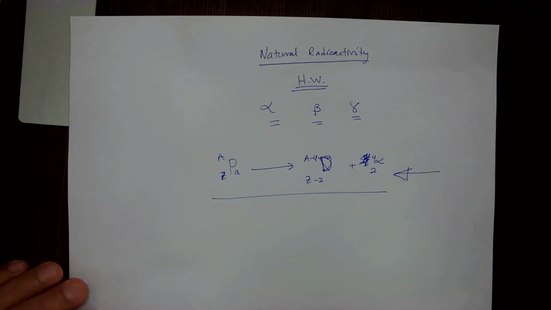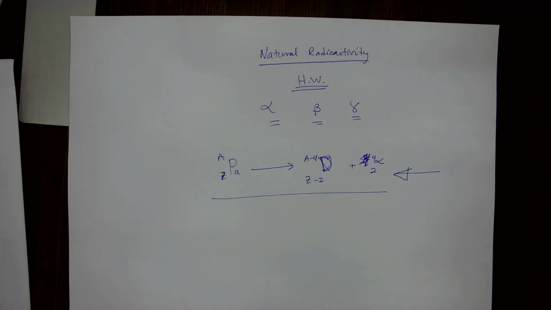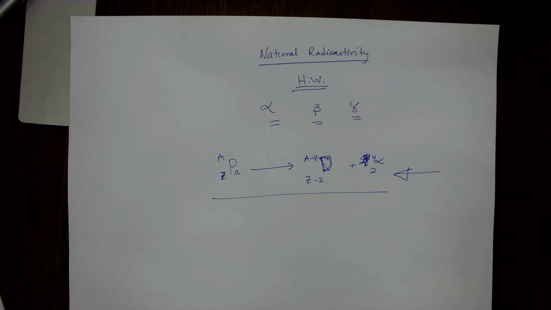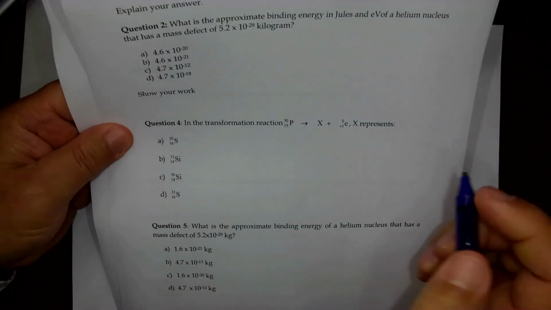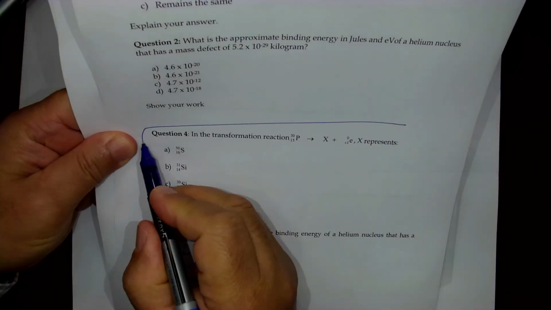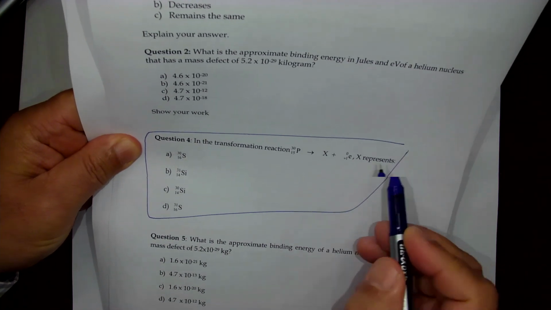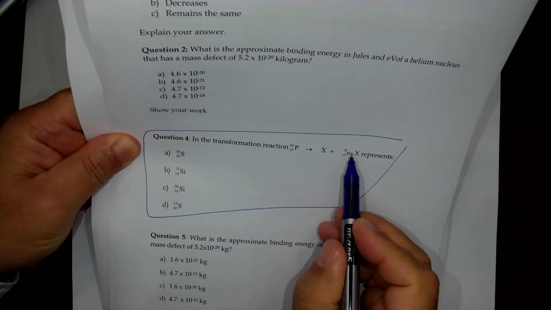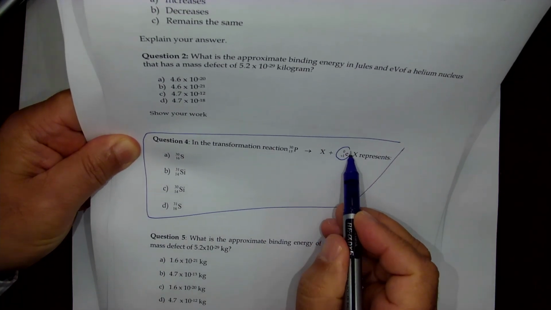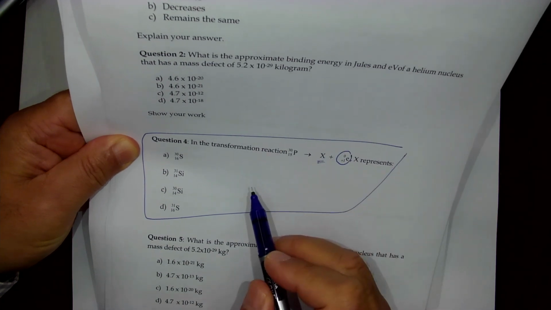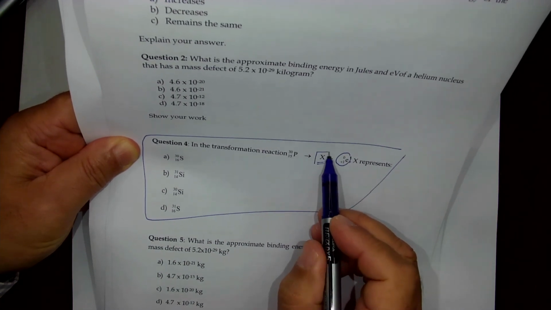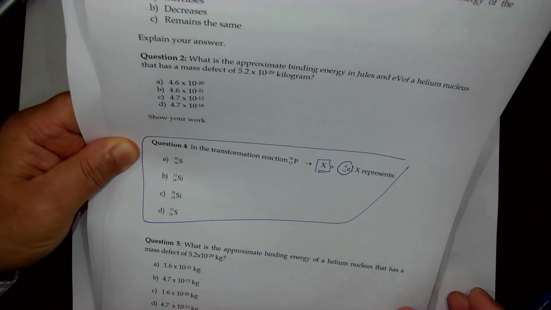Let me check that over here. So in the revision pack, let's see if we can find one or two. Okay, something like this. These are the questions you should expect. Let's say in here you have a positron, and it wants you to predict what this X is equal to.